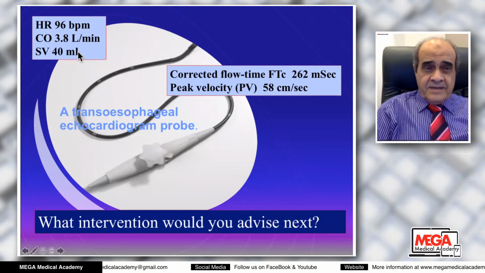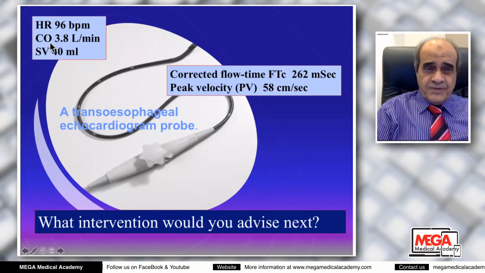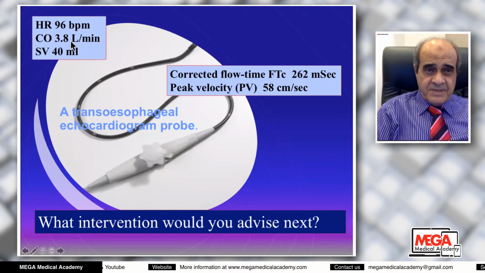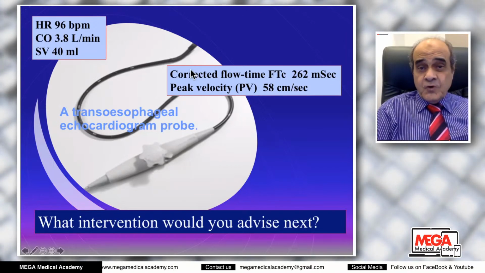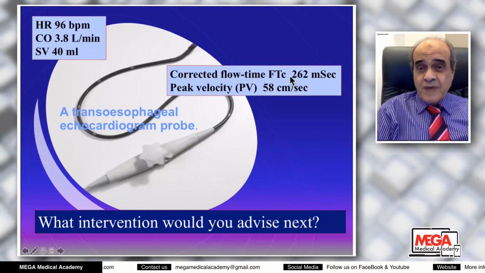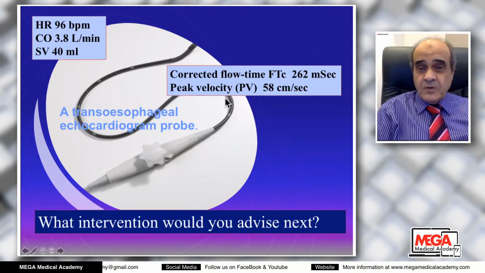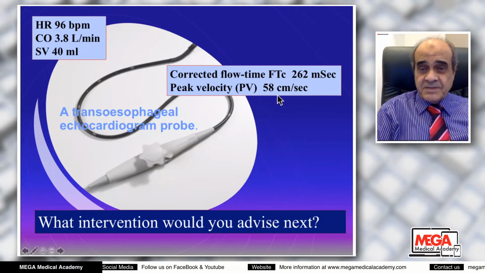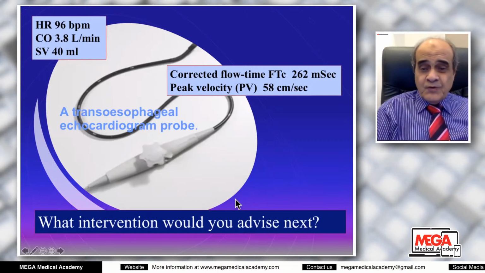The patient is exhibiting tachycardia. Cardiac output is 3.8 liters per minute, low, and stroke volume also is low. Corrected flow time is 262 milliseconds, and the peak velocity is 58 centimeters per second. What intervention would you advise?